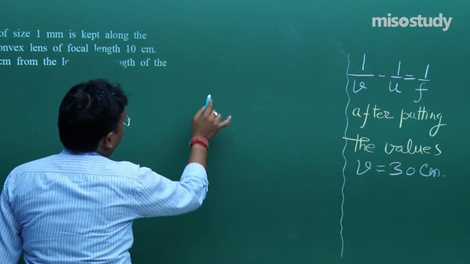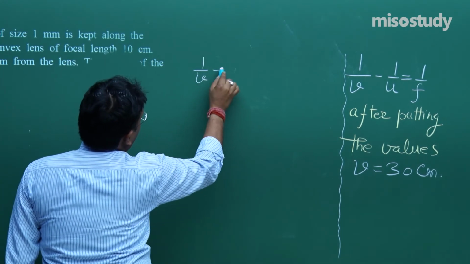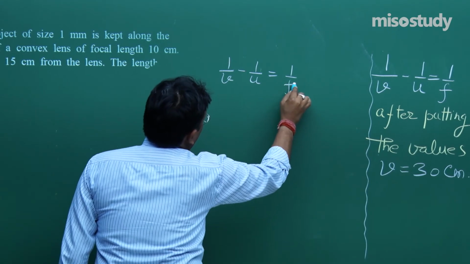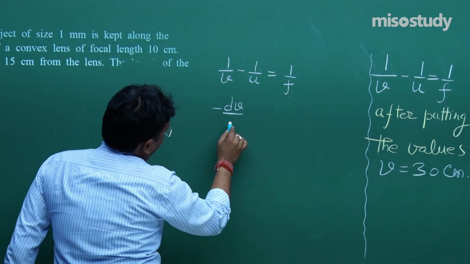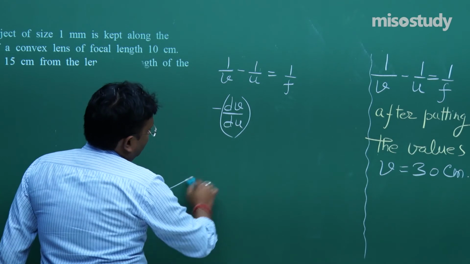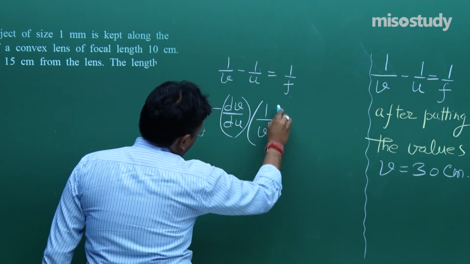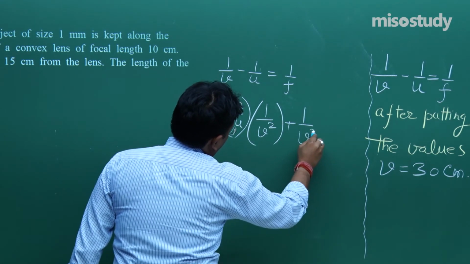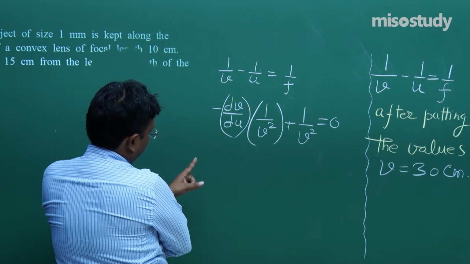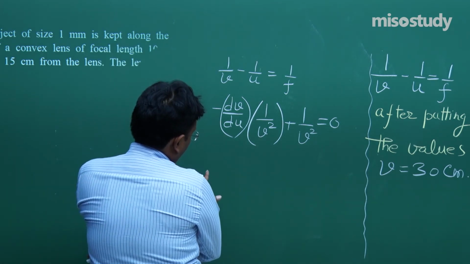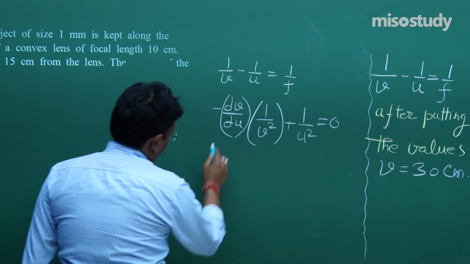From this result itself, 1 upon V minus 1 upon U is equal to 1 upon F. Then some amount of differentiation, dV upon dU: minus 1 upon V square dV by dU plus 1 upon U square is equal to 0.